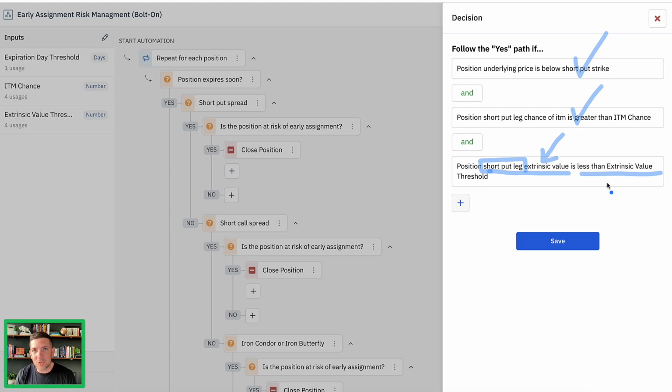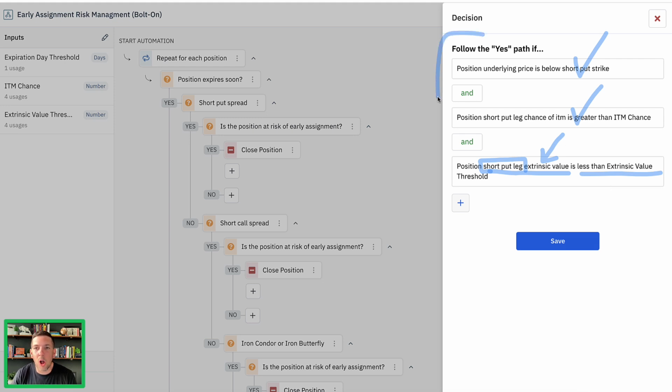And if that's true, so it's in the money, there's a 70% chance that it stays in the money, and the extrinsic value, let's say, is 5 cents, well, then in that case, it's probably at really high risk of early assignment. Not that it's going to be assigned, but for me, I don't want to go through that hassle, so I'll tag it as early assignment risk and remove the position.